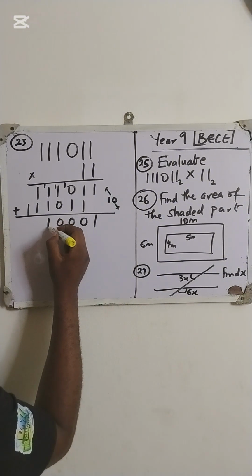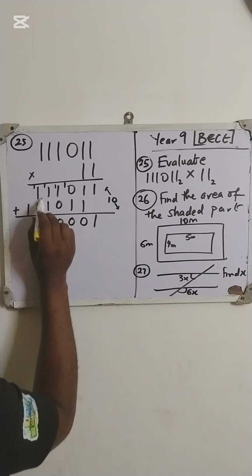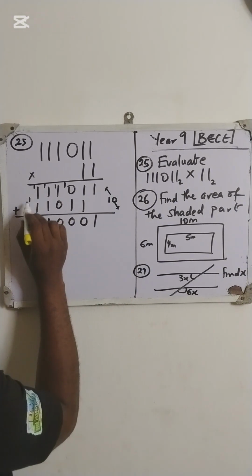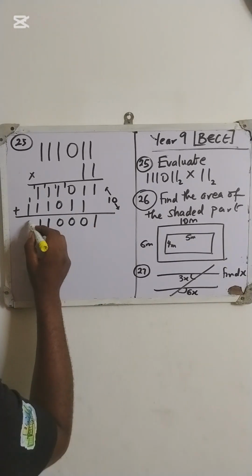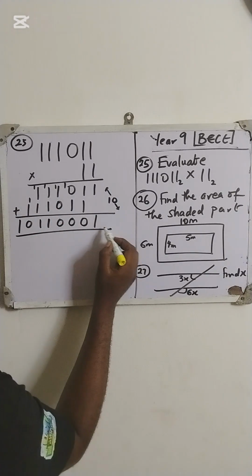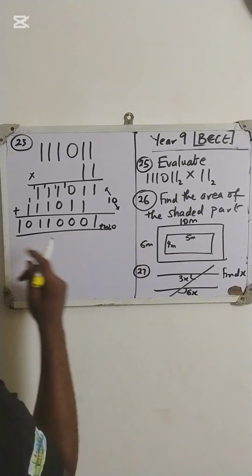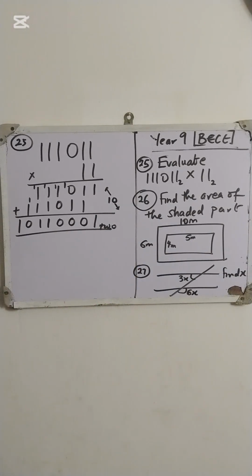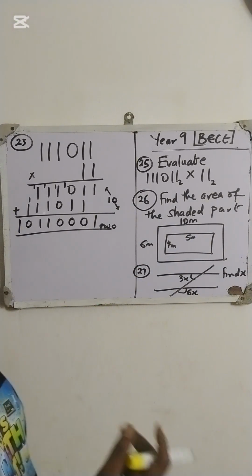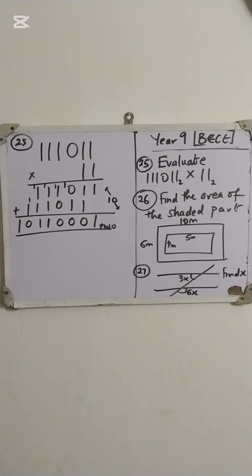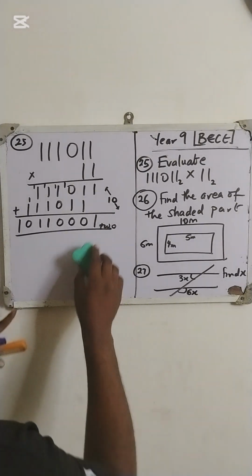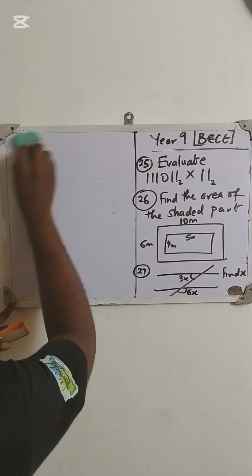So this is 1 carry 1. Again, 1 plus 1 plus 1, 1 carry 1. 1 plus 1 is 1, 0. 0 carry 1. And this is our final answer: 1, 0, 1, 1, 0, 0, 0, 1 in base 2. That's the answer. Okay? Let's move quickly.